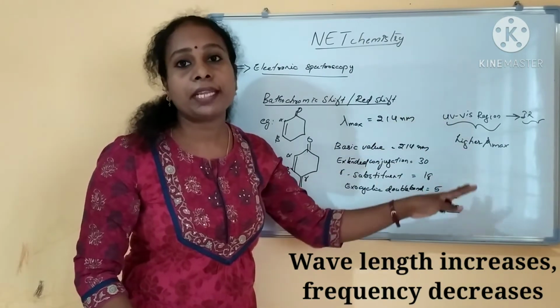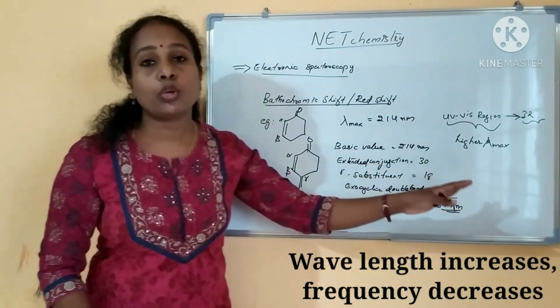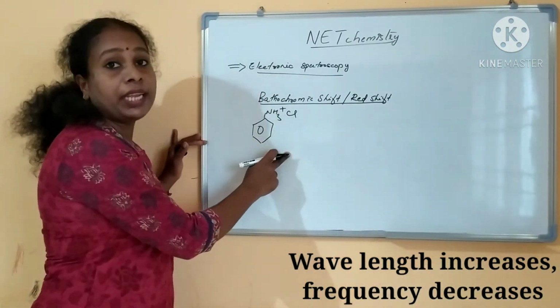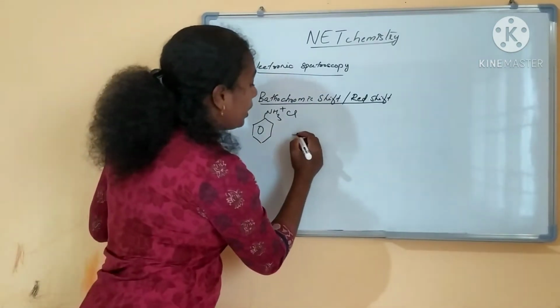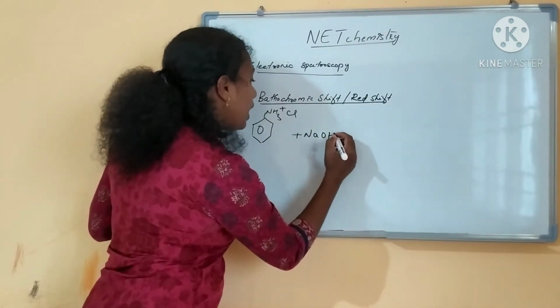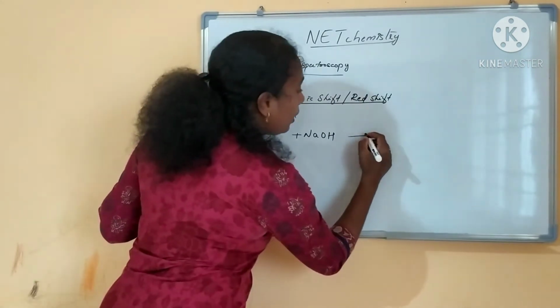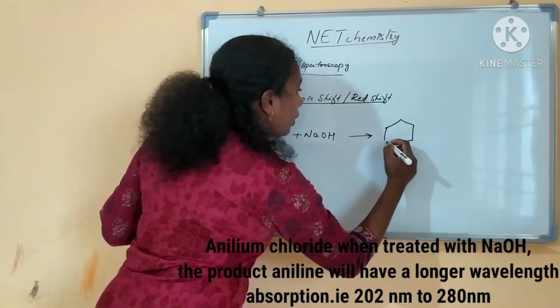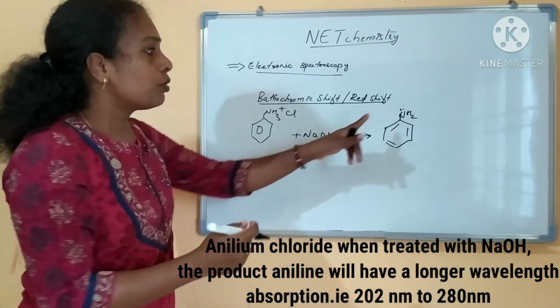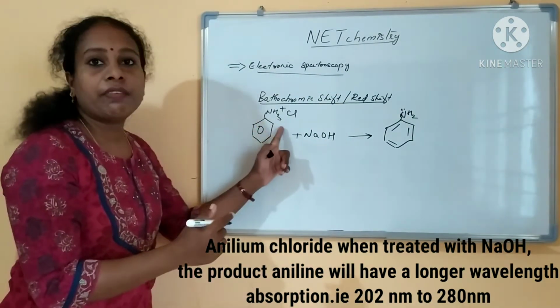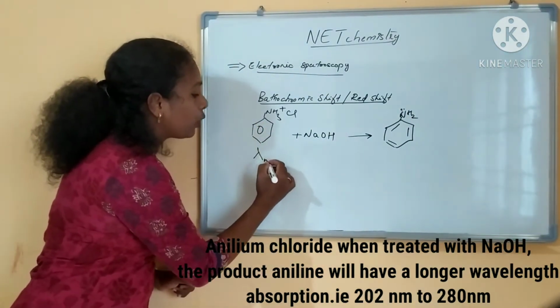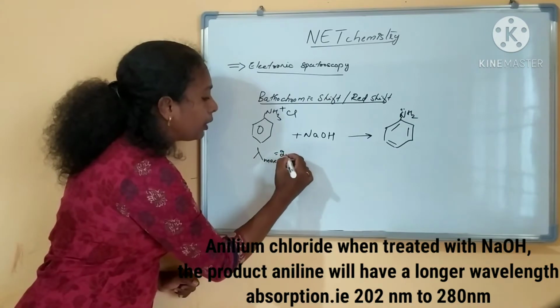We will see a common example, then you will understand how the bathochromic shift happens. I am taking anilium chloride and treating it with NaOH. It will convert to aniline. The lambda max value of anilium chloride is 202 nanometer.